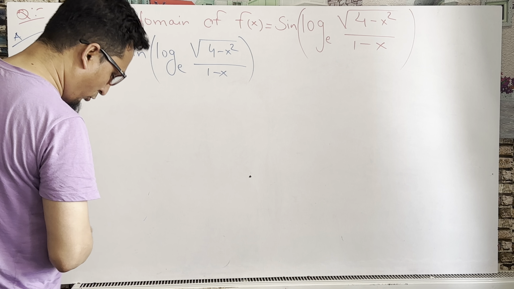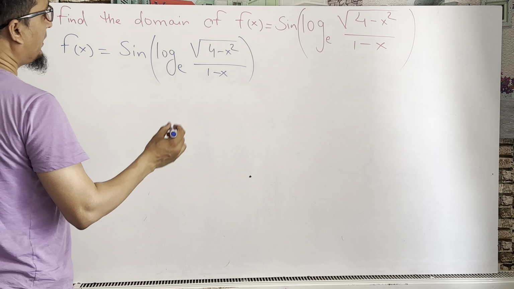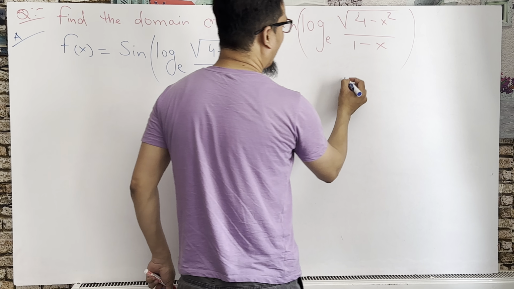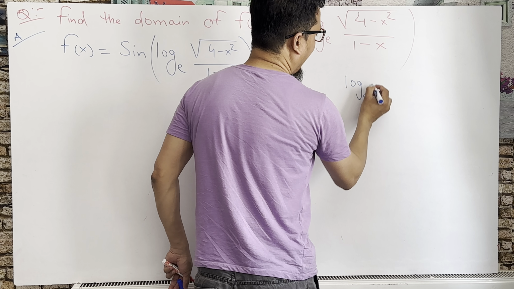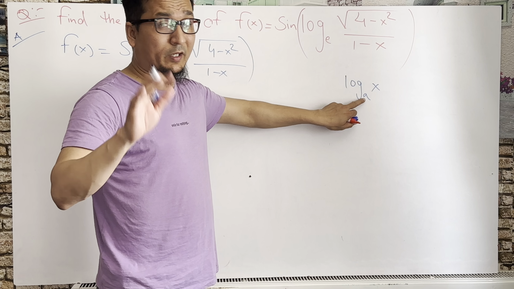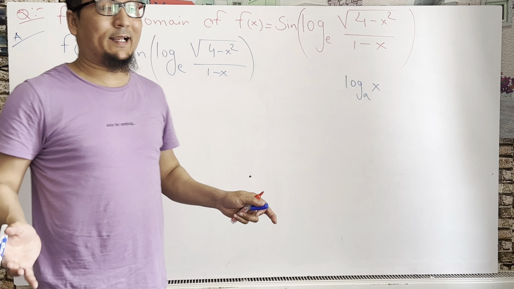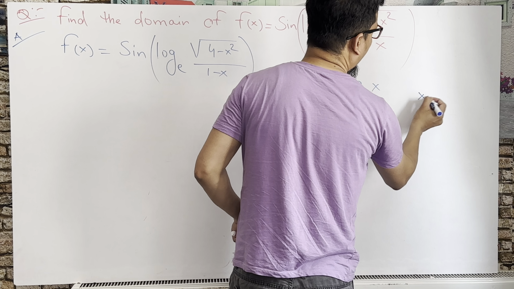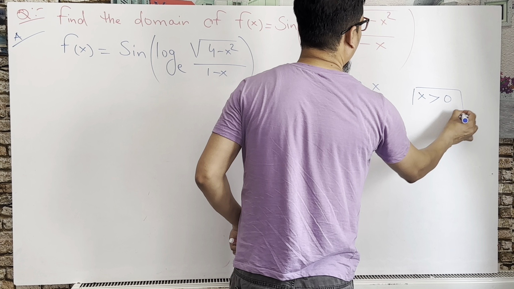Okay, so I'm going to solve this question. If you see, this is log base a. If you have log a x, whether the base is between 0 and 1 or greater than 1, I have no problem with that. The thing is that x must always be greater than 0. This is the domain.